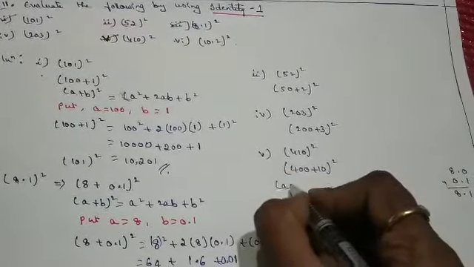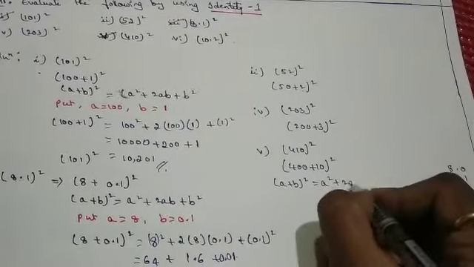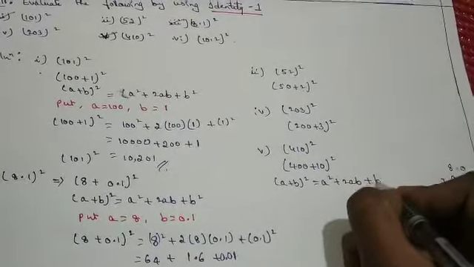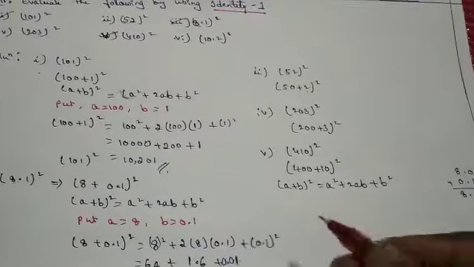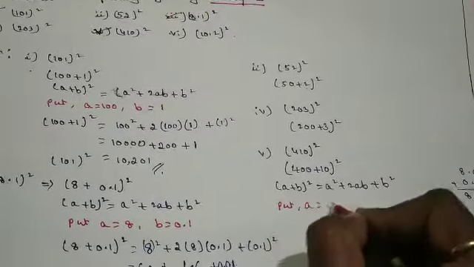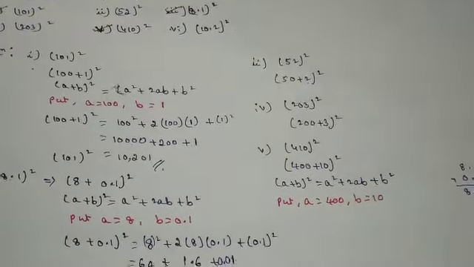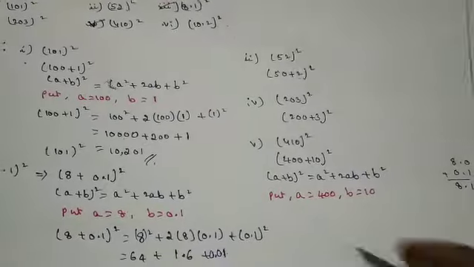So a plus b whole square equal to a square plus 2ab plus b square. So compare now. Put a equal to 400, b equal to 10. Put the a and b values in the identity now.